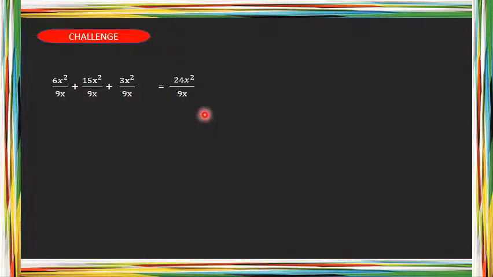And then simplify. So 24x squared and 9x. We have to divide the 24 and 9 by the GCF of 3. So that's why we have this. This is 8 and this is 3. When we divide, 24 divided by 3 is 8 and 9 divided by 3 is 3.